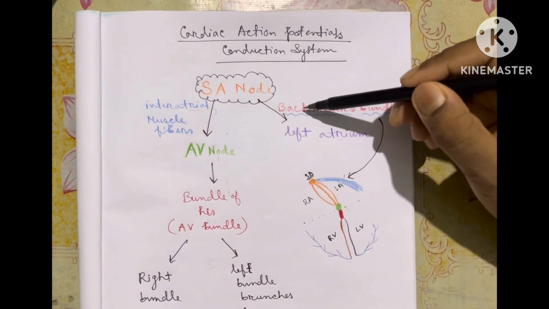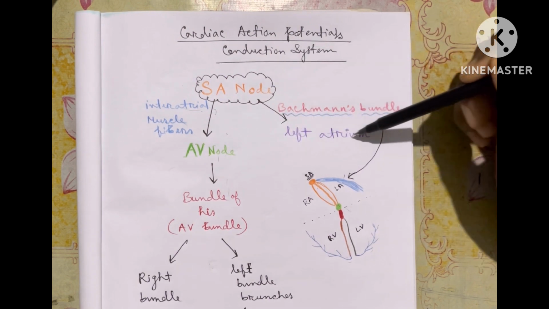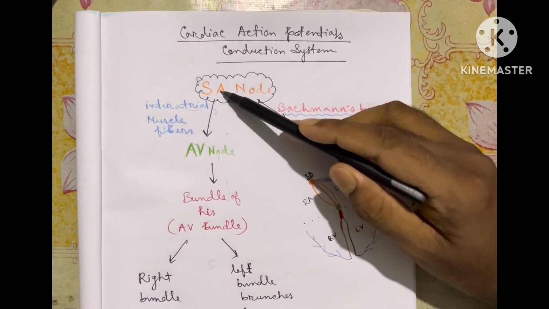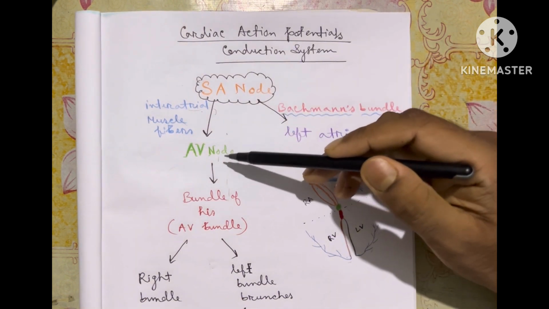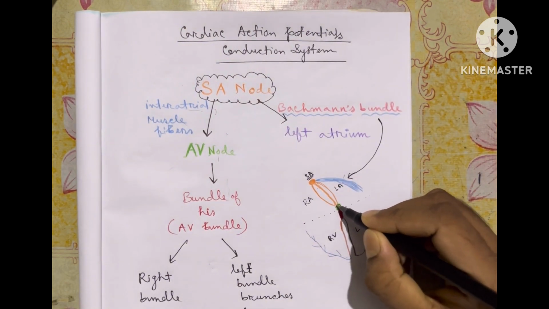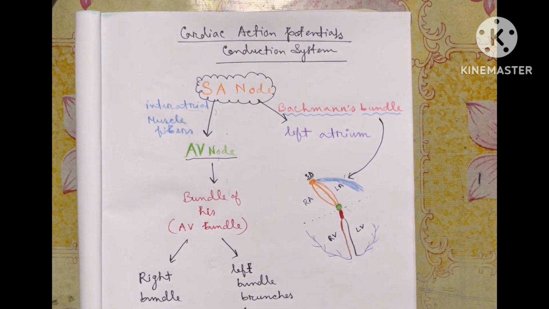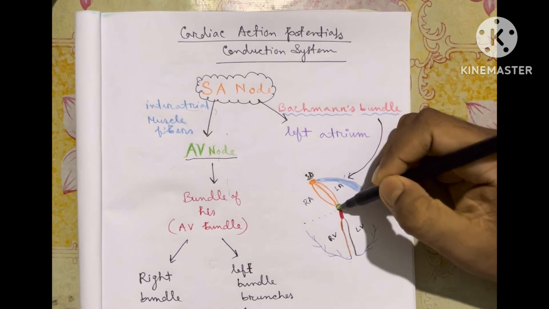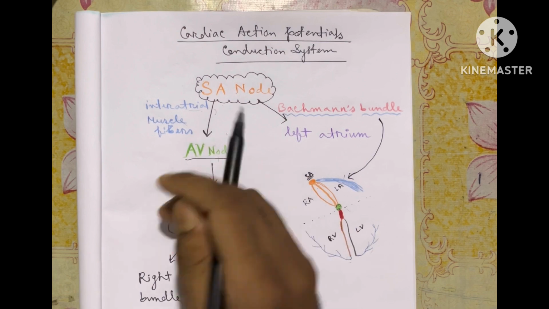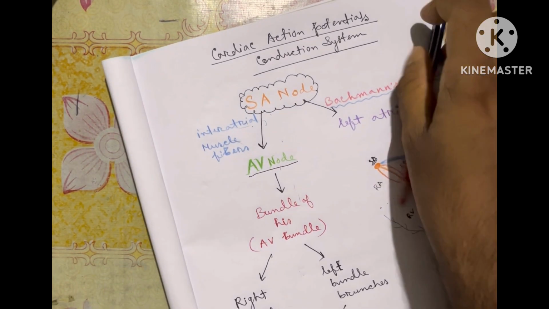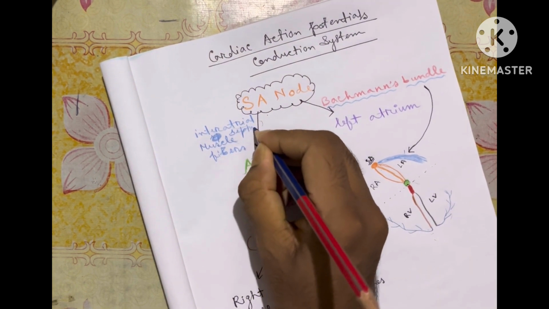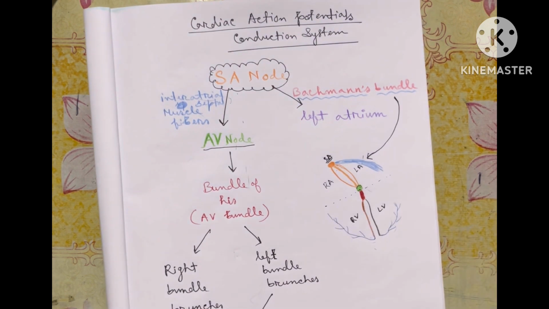So the SA node generates electrical signals and sends them to our left atrium via the Bachmann bundle, and from the SA node those electrical signals are also received by our AV node. So this is our AV node; I have used the same green color here. From the SA node towards the AV node, electrical signals come through the interatrial septal muscle fibers.